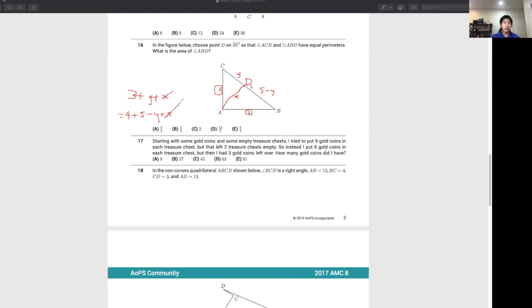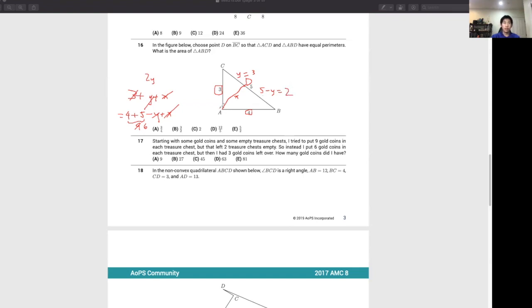The x's cancel with each other. We have 9 here. Subtract 3 from both sides and add y to both sides. So this becomes 2y, and that means we have 2y equals 6, meaning that y has to be equal to 3. And 5 minus 3 will be equal to 2.